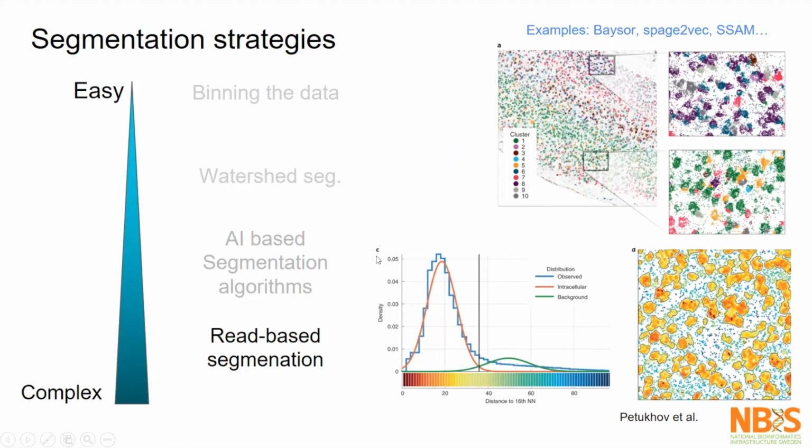So you can see in this panel C, for example, in the x-axis the distance to the 16th nearest neighbor that every single read has, and the density over here, and you can clearly see that the first peak represents reads that are intracellular, and then we have the second peak in green that represents background, and we can basically see the intermediate point between both, and we can use that to establish the shape of the cells, and therefore assign reads in a much better way than simply using nuclear staining.